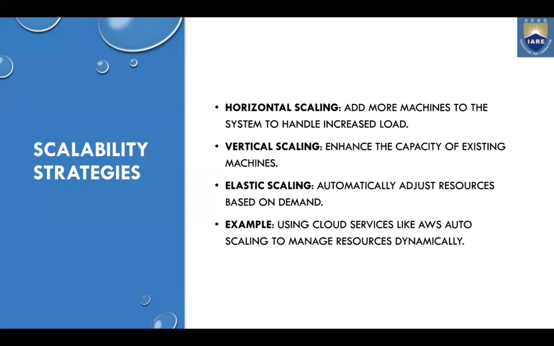The scaling provides how you handle the increased load, or how you improve your machines, or how you adjust the resources allocated to different processes running during handling the load. Example, using cloud services like AWS auto scaling to manage resources dynamically is the best example.